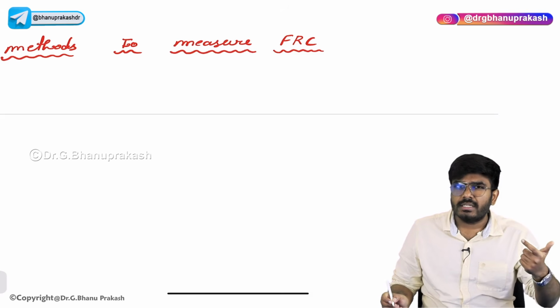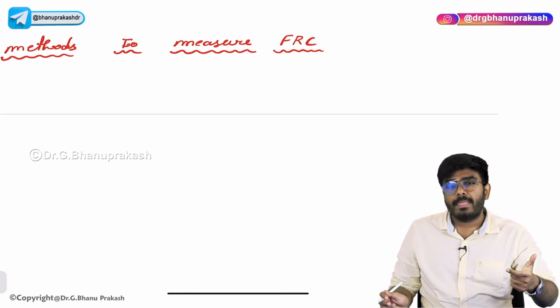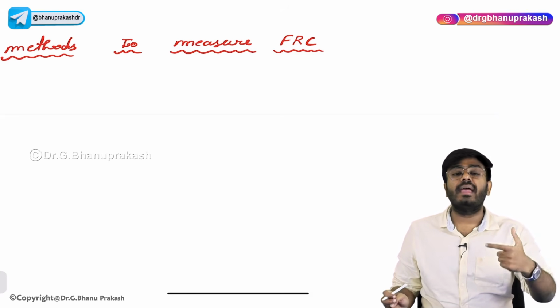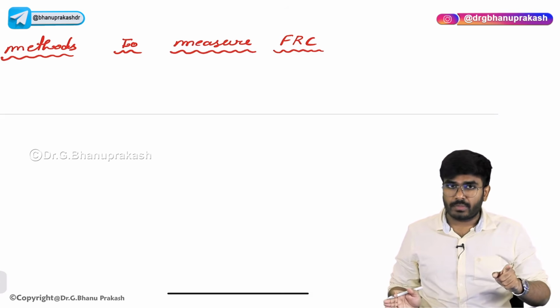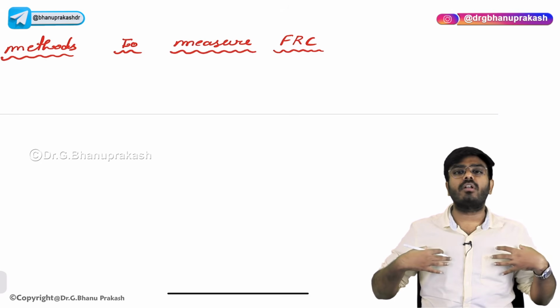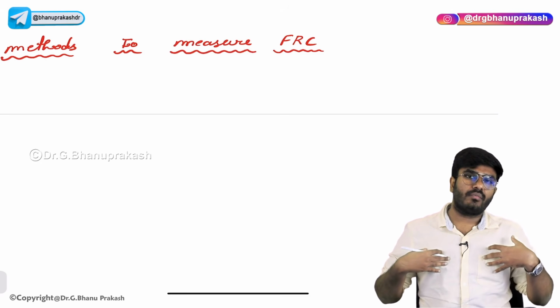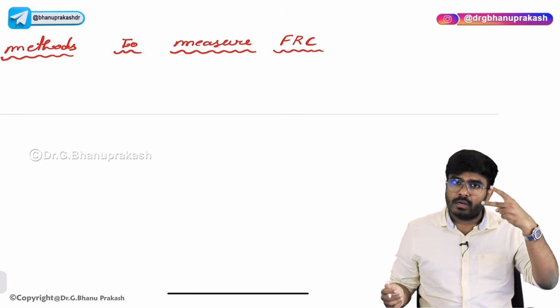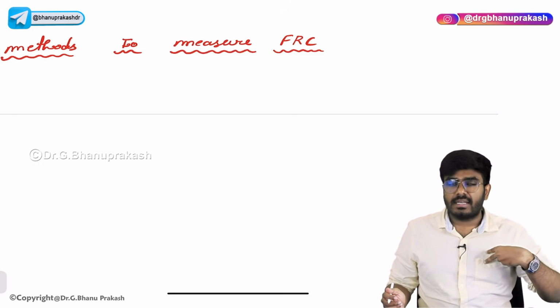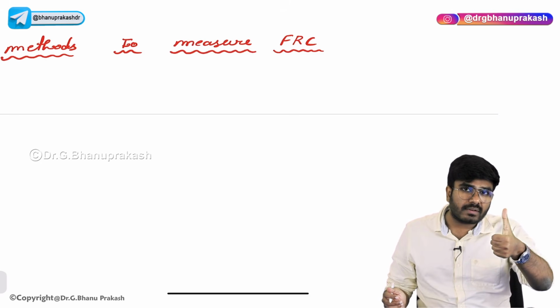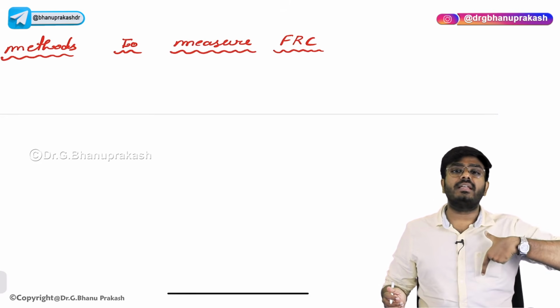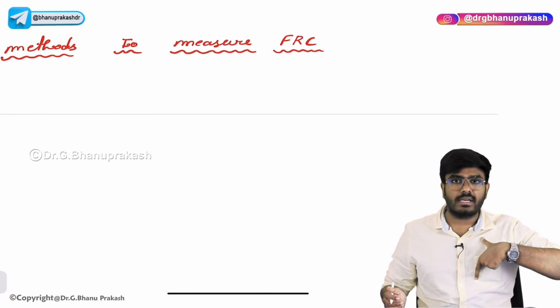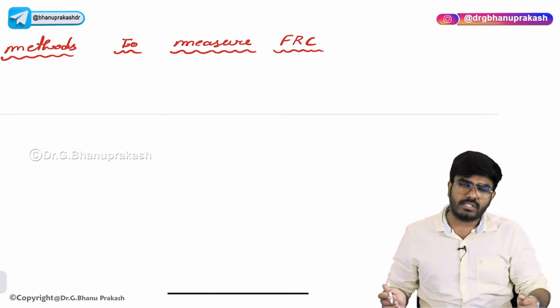Just try to recollect: functional residual capacity is the amount of air which is present all the time in the lungs in a resting state. Two volumes of air are inside the lungs, expiratory reserve volume and residual volume. So how can we measure this functional residual capacity?